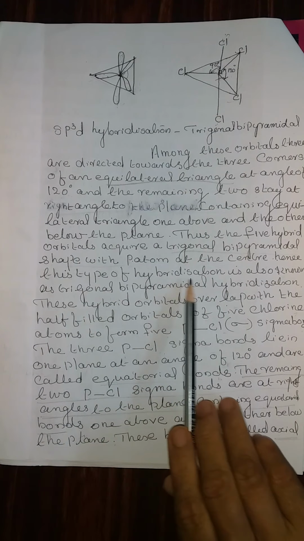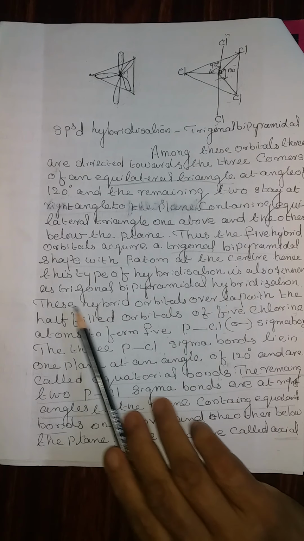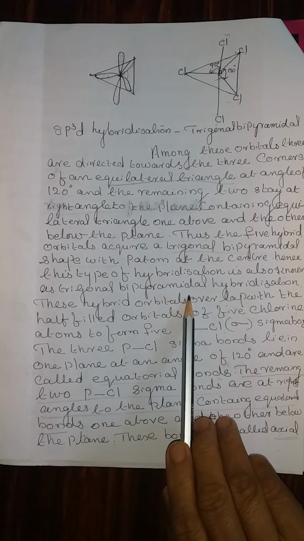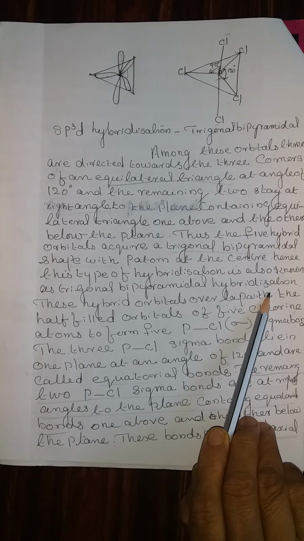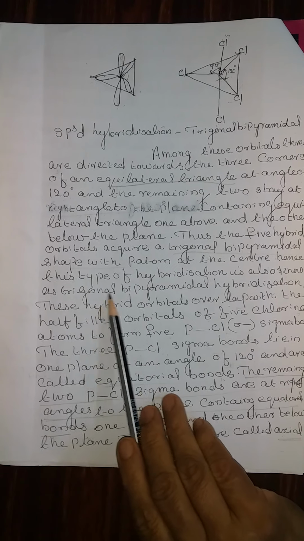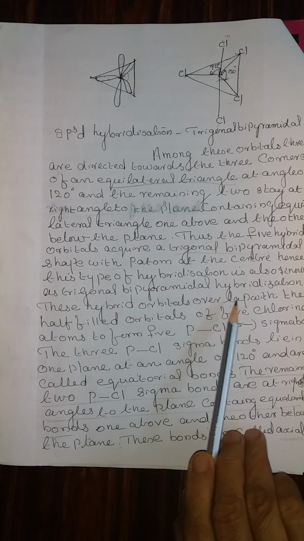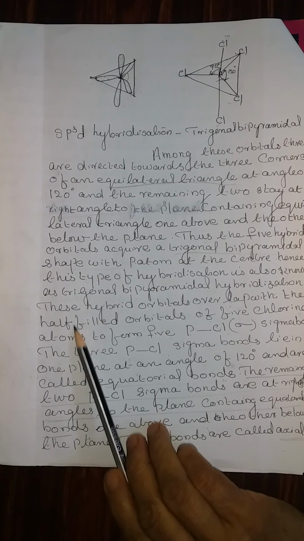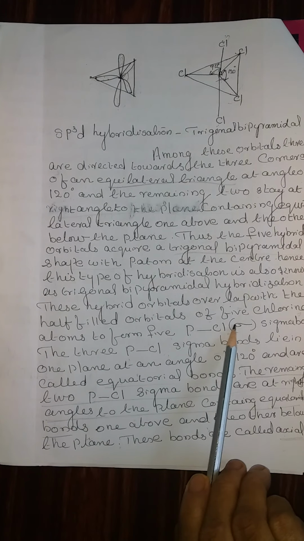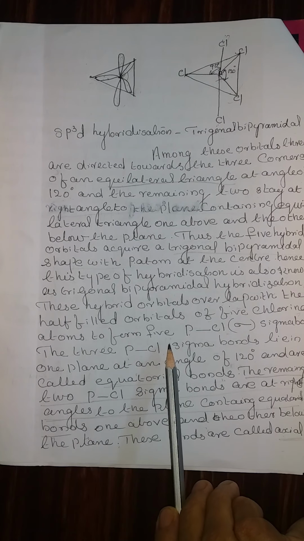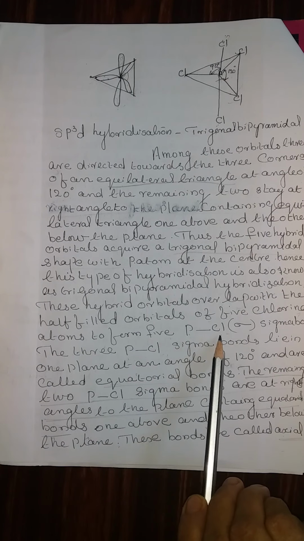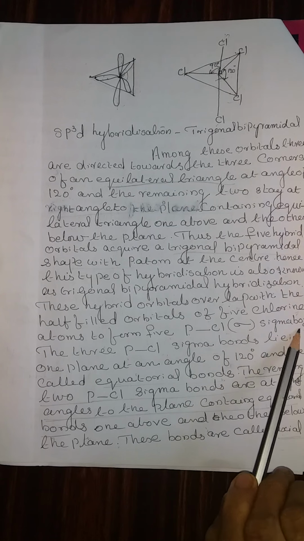Hence, this type of hybridization is also known as trigonal bipyramidal hybridization. That is, sp3d is also known as trigonal bipyramidal hybridization. Match the following question. These hybrid orbitals overlap with the half-filled orbitals of the 5 chlorine atoms to form 5 phosphorus-chlorine sigma bonds.